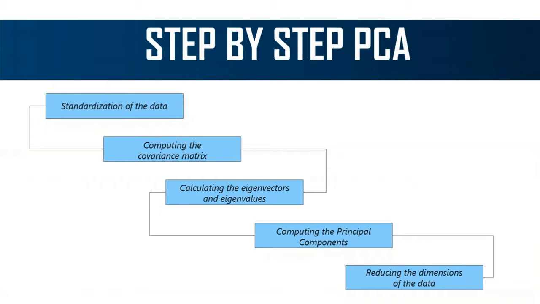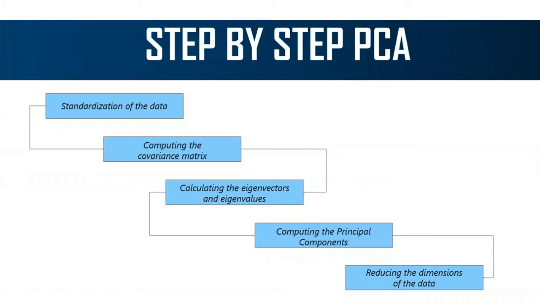Next we will discuss the step-by-step operations we will be performing to implement principal component analysis. The first step is the standardization of the data. In that we will be doing simple mathematical calculations, where again we will be finding the mean, variance and other things.